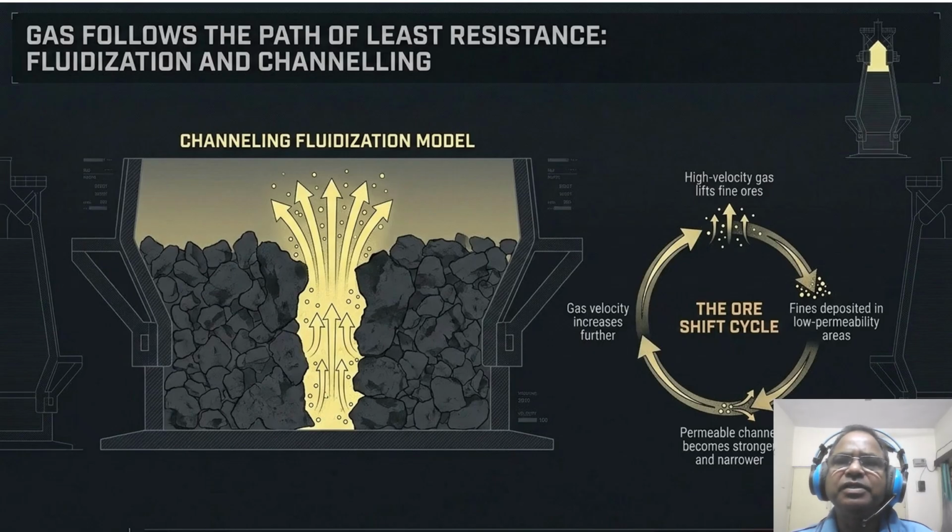On the right, we see the ore shift cycle. Follow the circular arrows. High velocity gas lifts fine ores which are then deposited in low permeability areas. This makes the permeable channel even narrower and the gas velocity even higher. It's a vicious cycle. From an operational standpoint, this is a disaster for the kinetics.